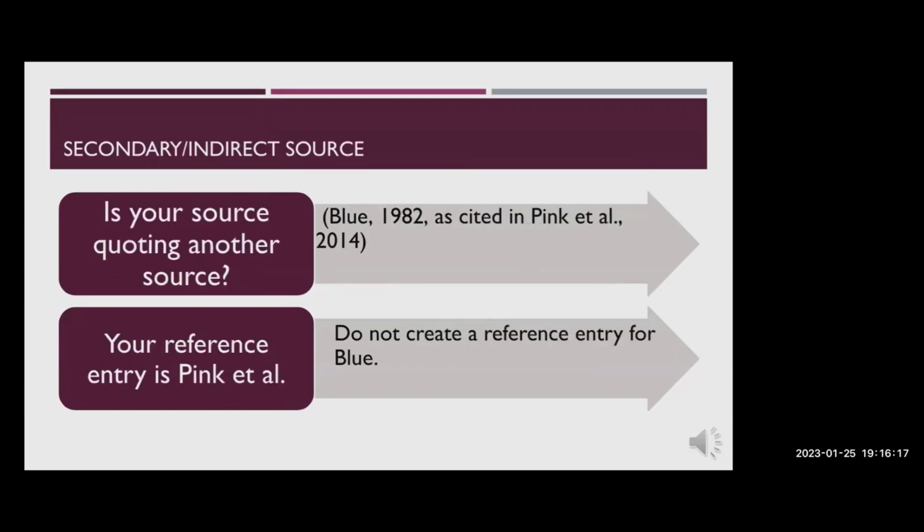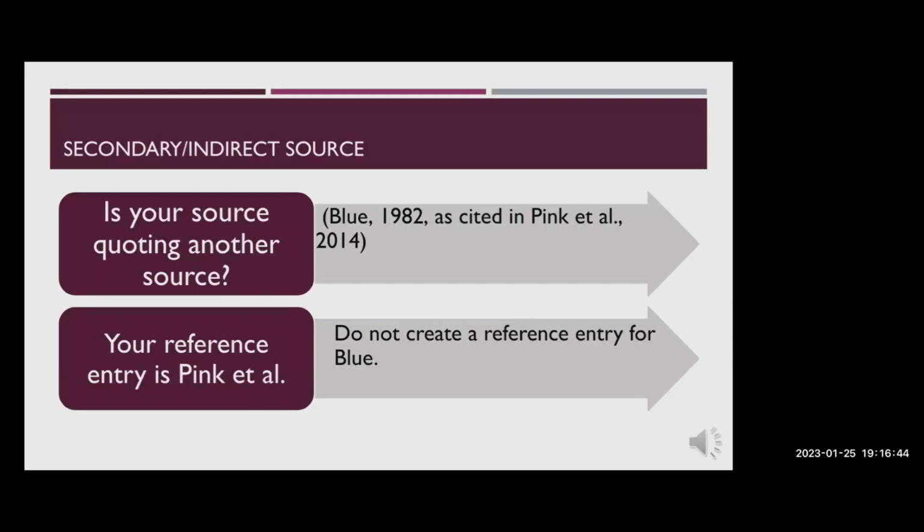You may run into a secondary source or an indirect source. What that means is that you want to quote somebody, but they are quoting somebody else. So you've got your source, in this case it's Pink et al., 2014, and they are citing Blue from 1982. So you still want to give Blue credit, but you also want to talk about the source that you are taking this information from that's actually in your hands or in front of your eyes.